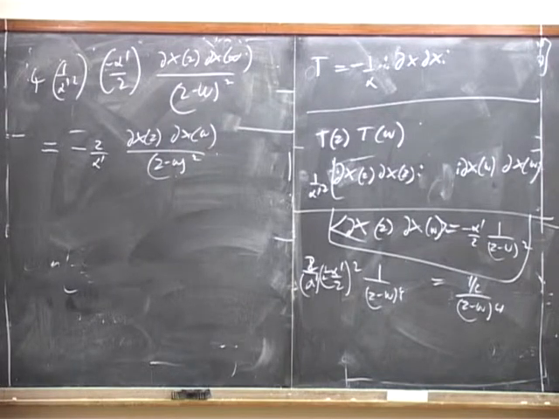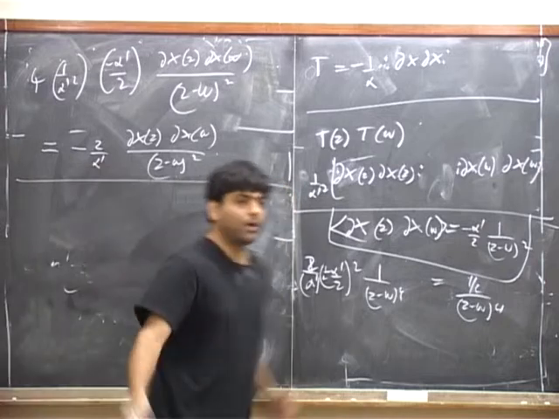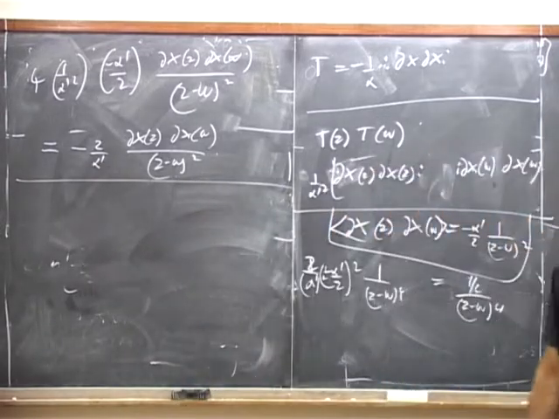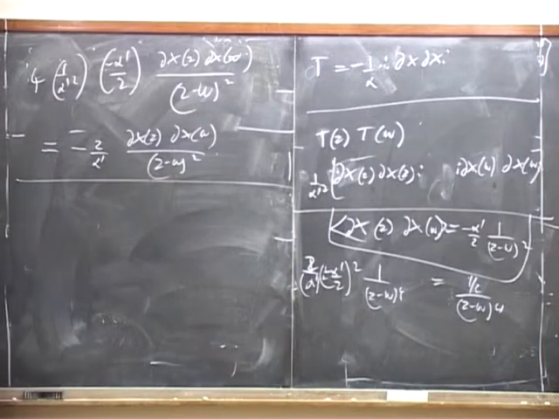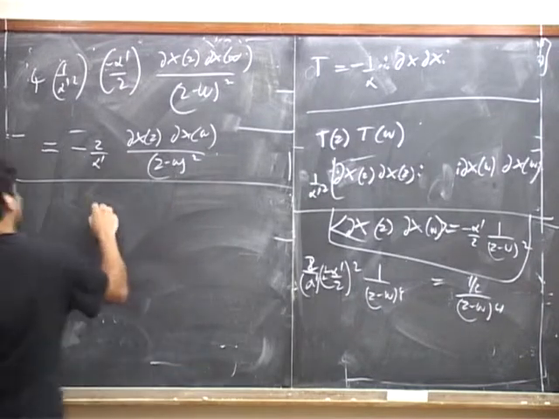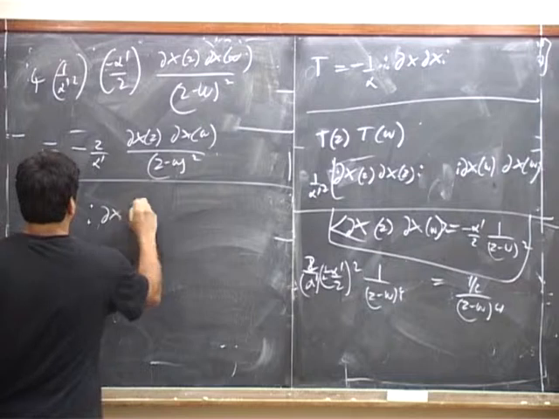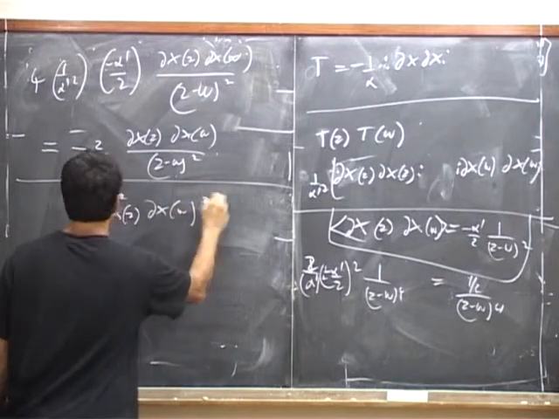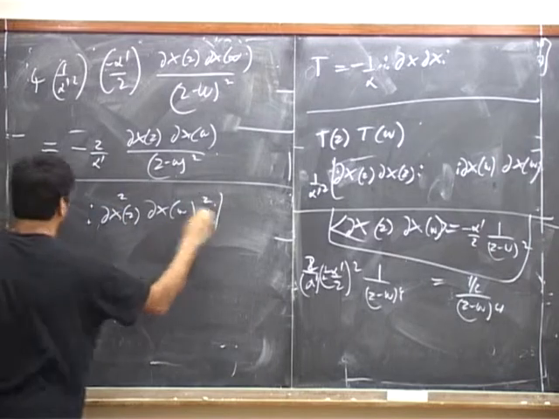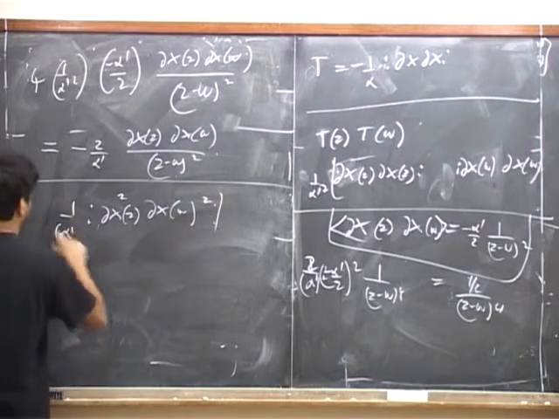We'll return to this term, but before doing that, what about terms in which we have nothing contracted away? Well, the last term is the normal order of del x of z squared del x of w squared, normal order of this thing with a 1 over alpha squared.